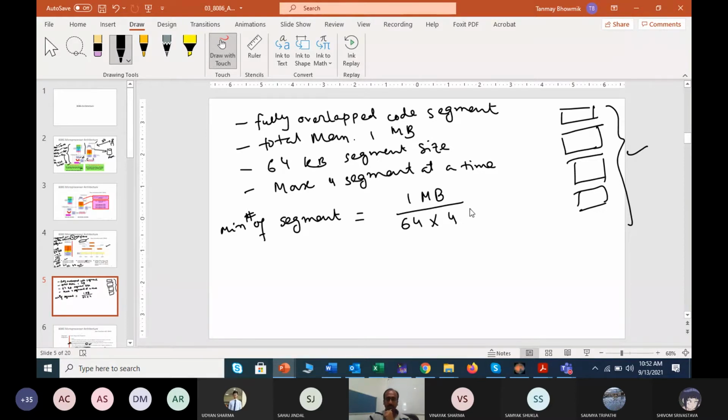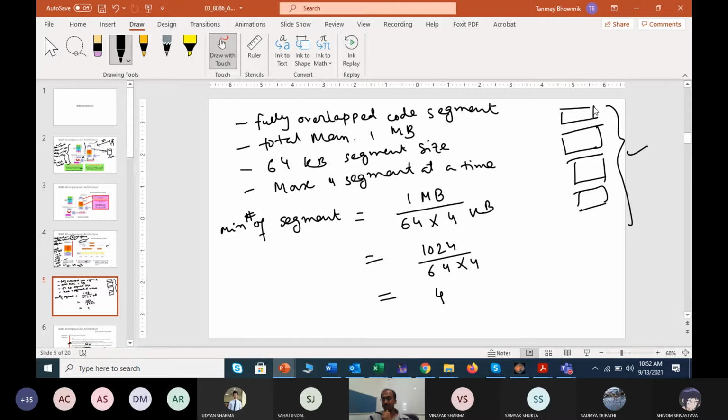It is actually kilobyte, so you can change it to 1024 divided by 64 into 4. So this answer will be 16 by 4, that means total 4. So maximum 4 chunks of this type, I am talking about. So this type of 4 chunks will be there.